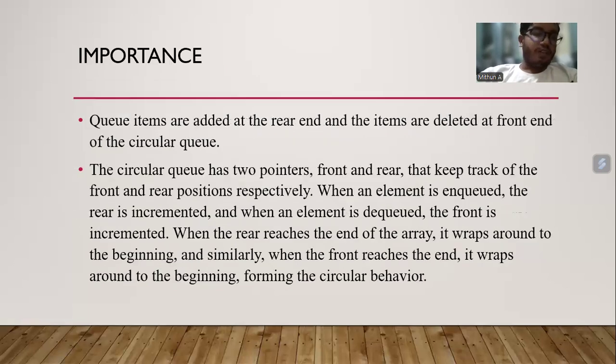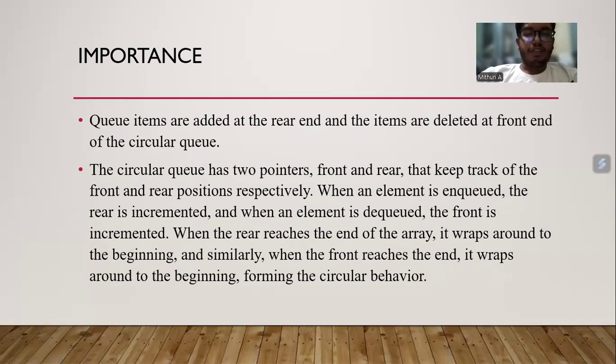So, importance of this circular queue. The queue items are added at the rear end and the items are deleted at the front end of the circular queue. The circular queue has two pointers, front and rear, that keep track of front and rear positions respectively. When an element is enqueued, meaning inserted, the rear is incremented.